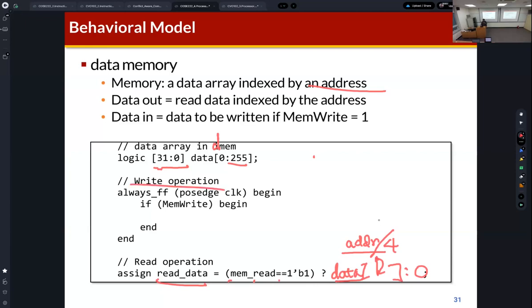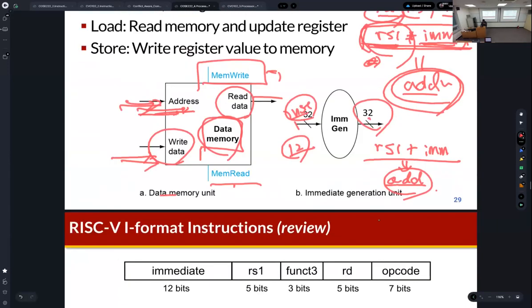Then how about the write operation? It's similar to the register file's output and write operation, right? If mem write is 1, it's an enable signal. Then the data is updated using data in. You can find the data in here. It's the write data.